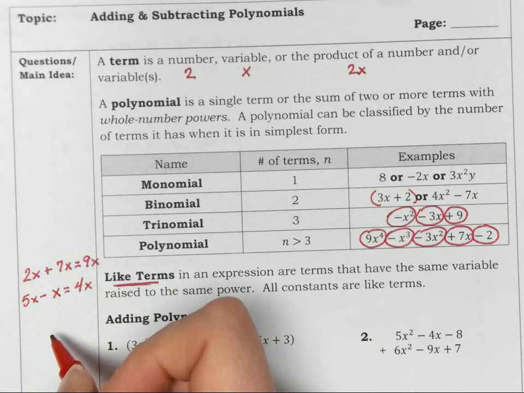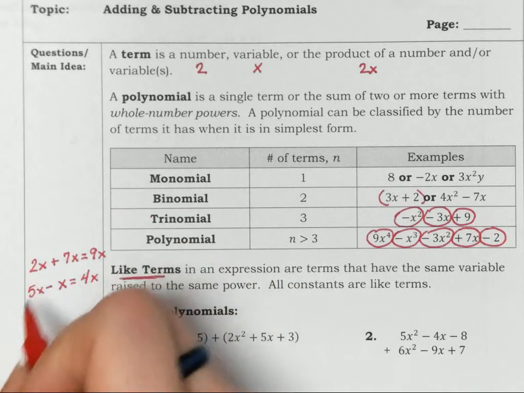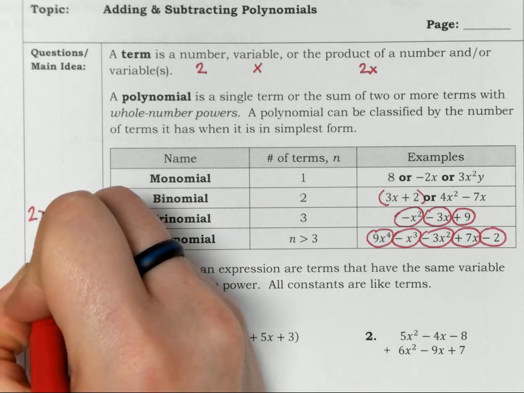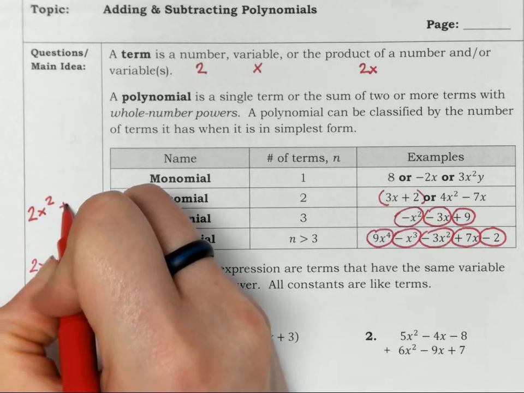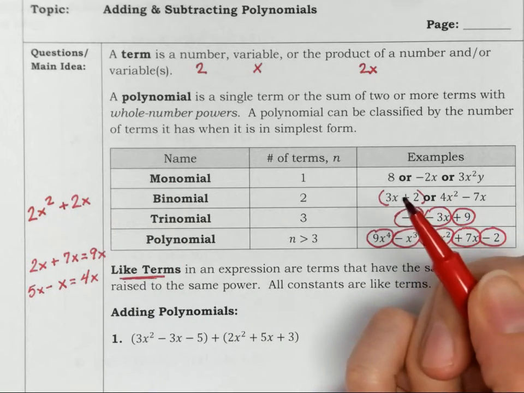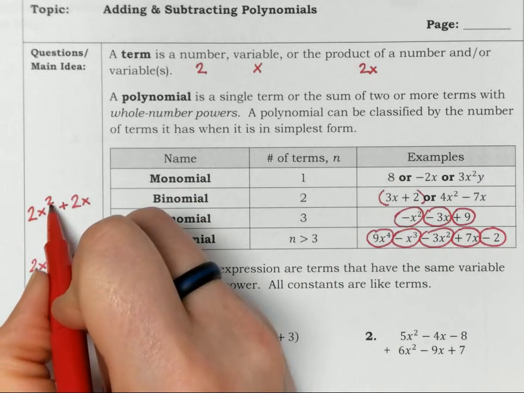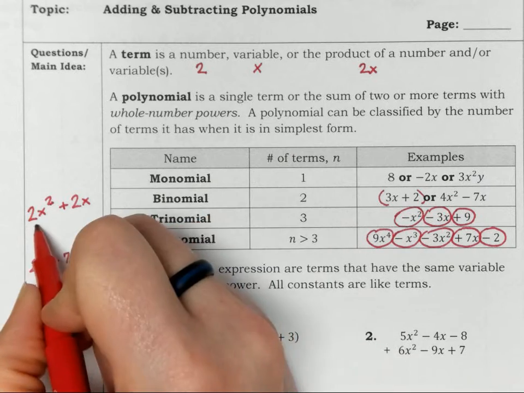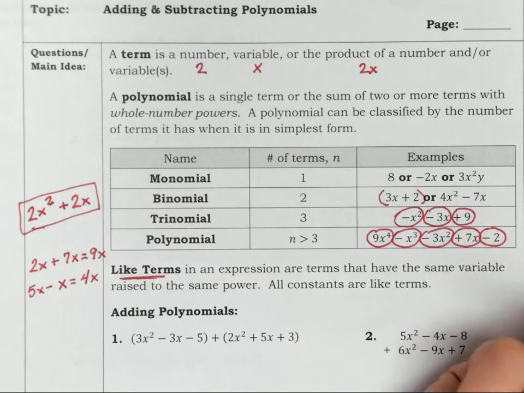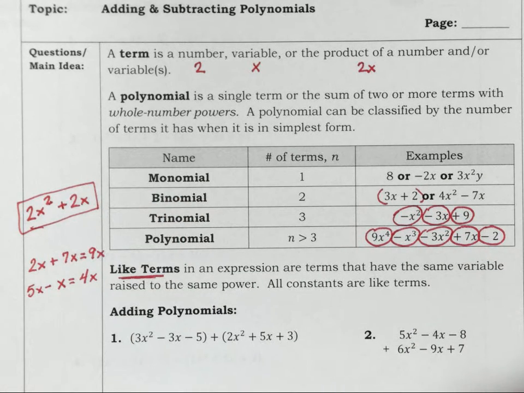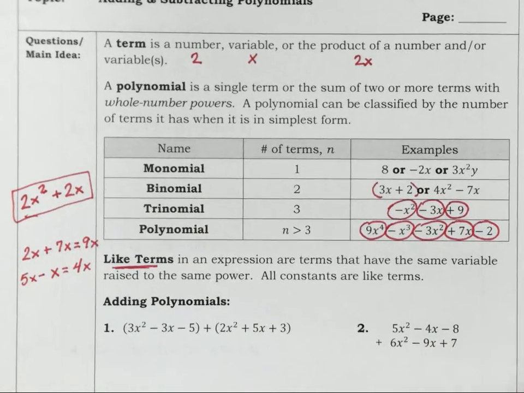Those are like terms. If I say 2x squared plus 2x, those are not like terms because they have different exponents. So that would be your answer. And that's all we're doing. We're just combining like terms, which is something that you've spent time on doing before.